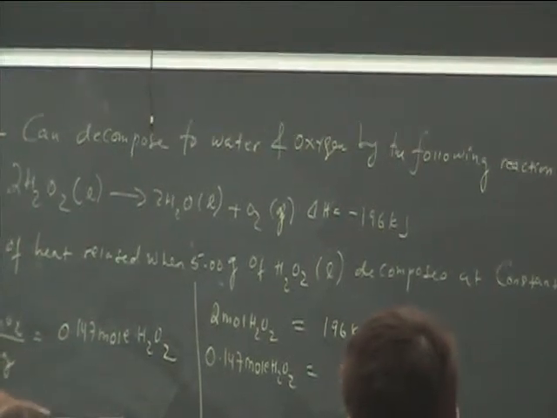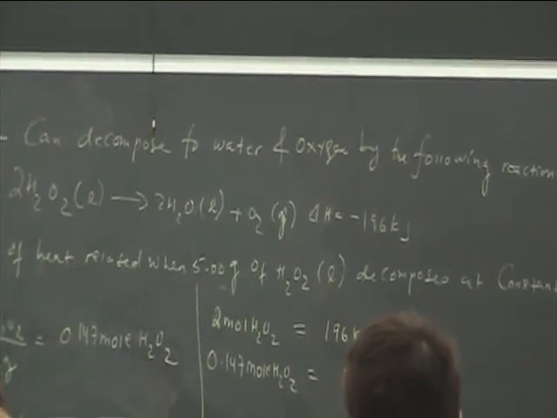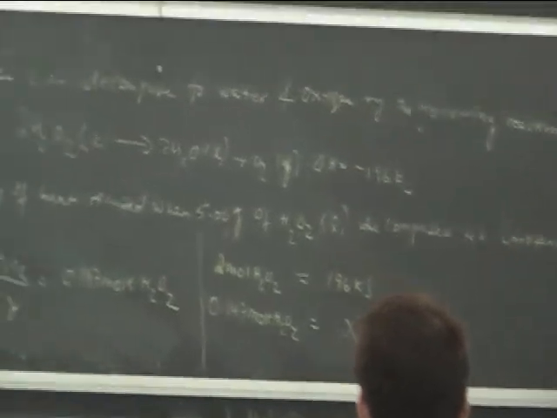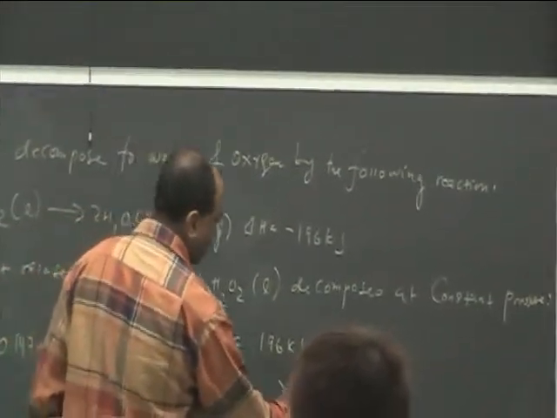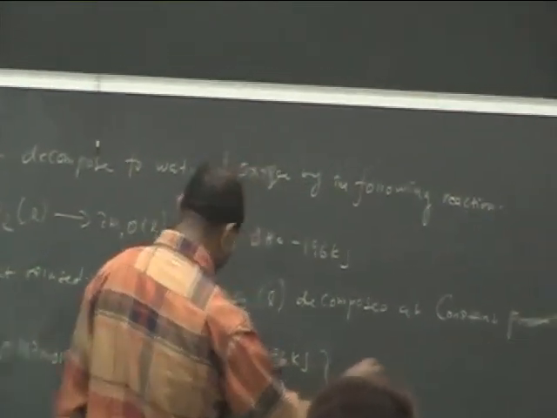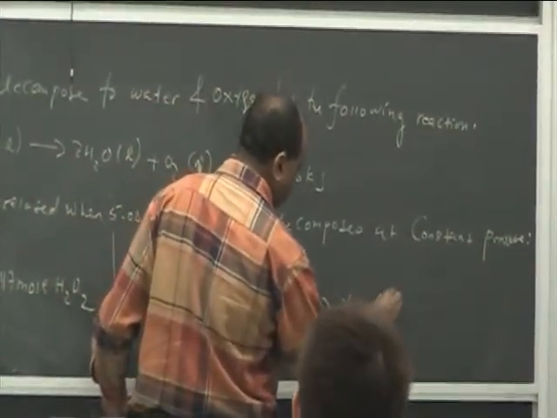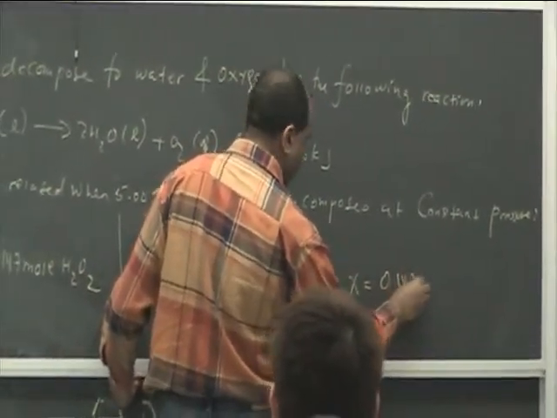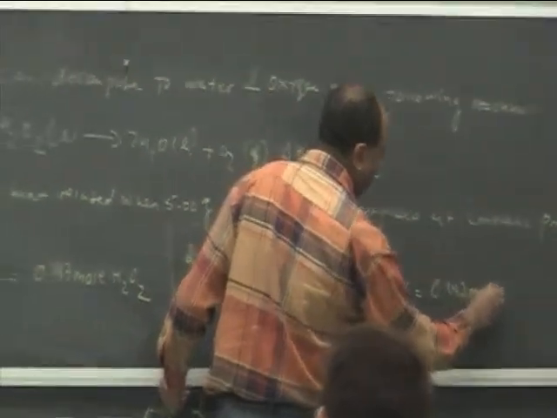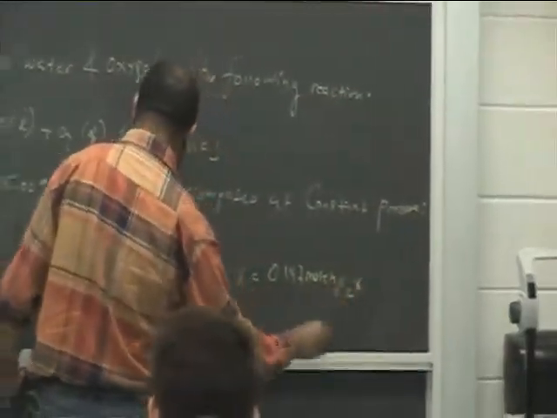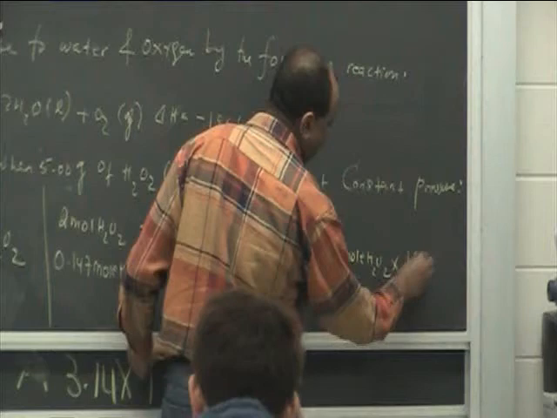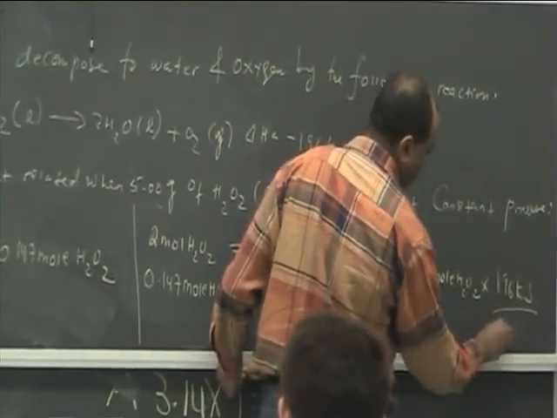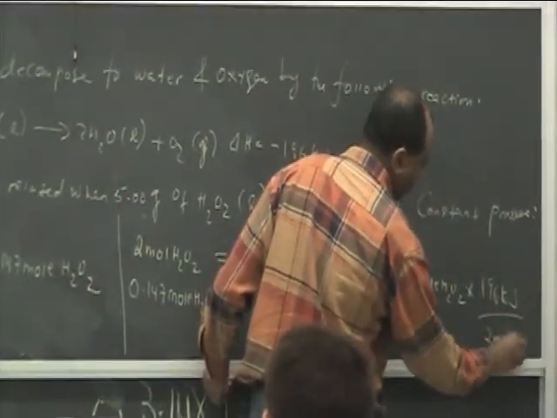The next step is basically crisscross. To find X, you can continue from here. X will be 0.147 mole of H2O2 times 196 kilojoules over 2 moles of H2O2.